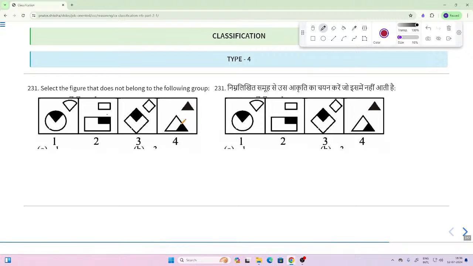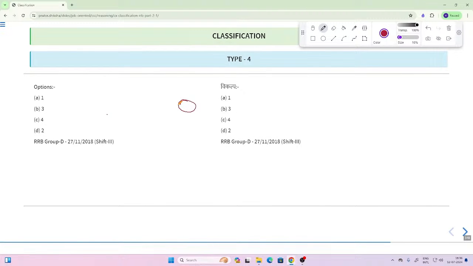And fourth, we have a triangle with a shaded small triangle in the corner and that shaded small figure shaded at the top right. Out of these, it's clear that the shaded shape in the bigger picture is forming the smaller picture in all except the fourth, which has 2 shaded figures, one in the small part of the big figure, and the small figure is completely shaded. So since the fourth is the only one with a completely shaded smaller figure, it is the odd one out. So option number C, figure 4 is the odd one out.